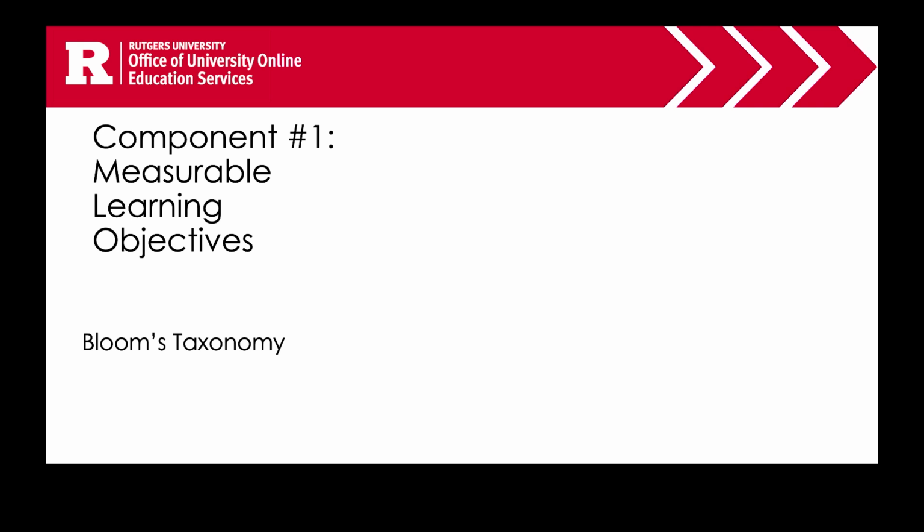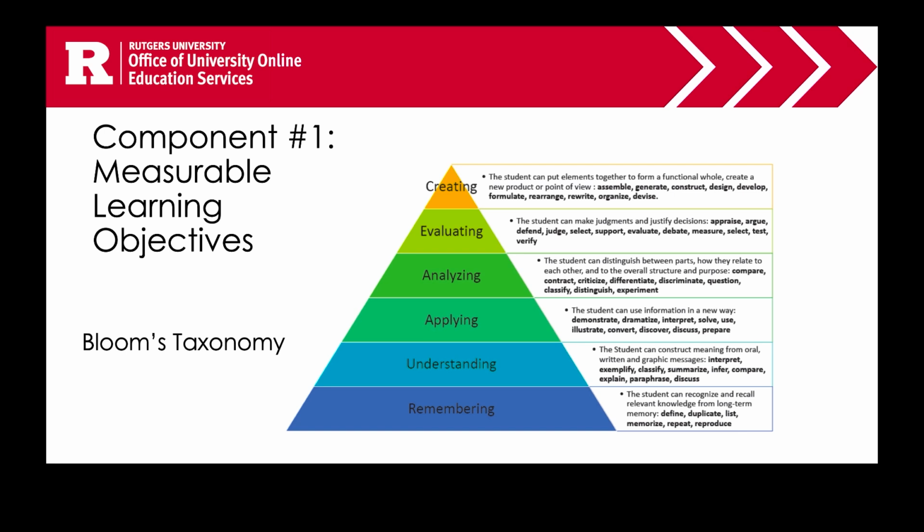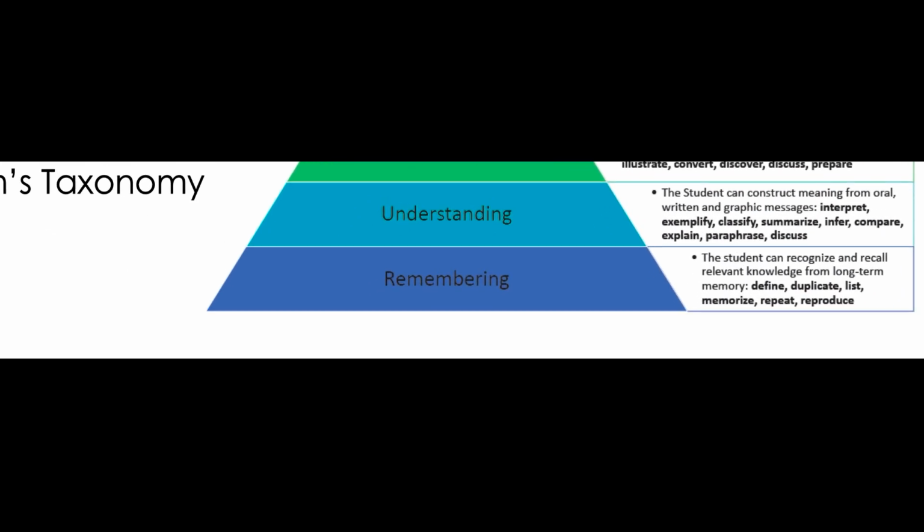Bloom's taxonomy is a set of hierarchical models used to classify learning objectives into levels of complexity and specificity. Take a look at this pyramid. Inside the pyramid is the category or type of learning, and the bolded words on the right are examples of action verbs pertaining to that category. The bottom of the pyramid is a lower level learning activity, remembering.